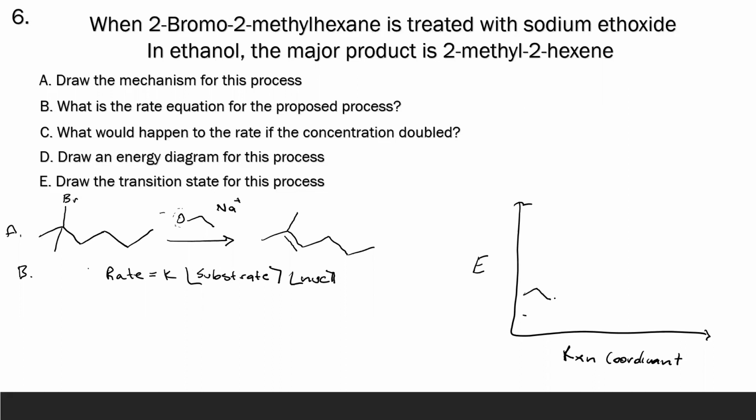Let me draw out the starting material, and then draw the final product. And so it's going to be something like that. Because this is an E2 process, you're only going to have that one transition state.